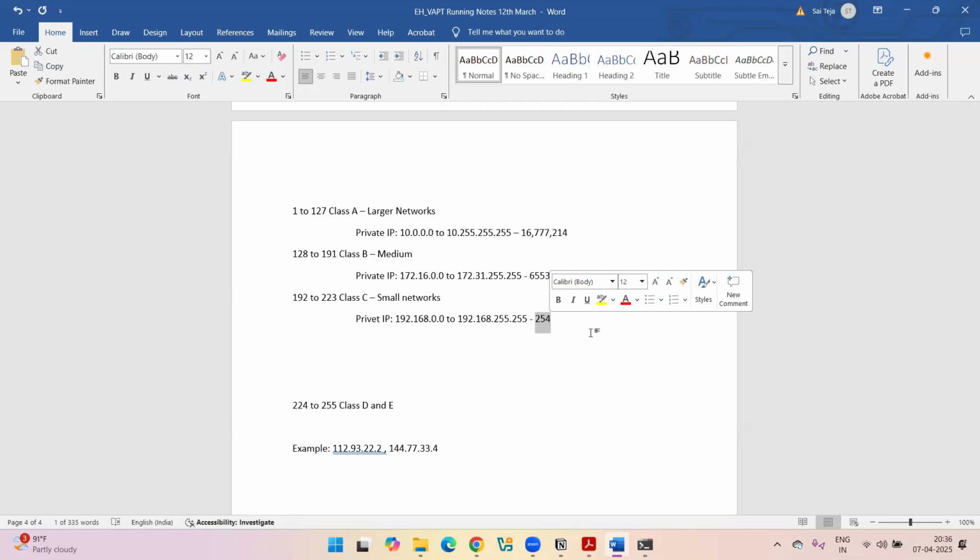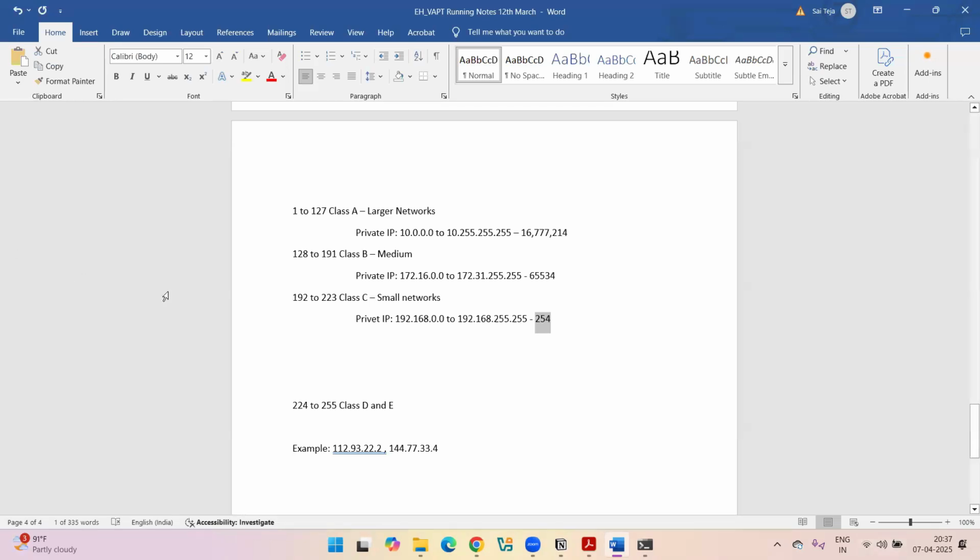Likewise, I can divide it, or maybe 64, 64, 64. Dividing the network into smaller segments is only possible when you do subnetting. The network team usually takes care of the subnetting part.